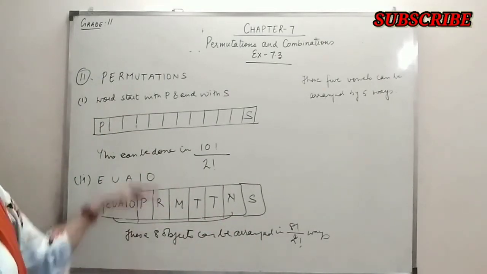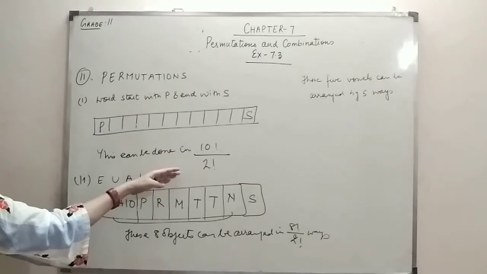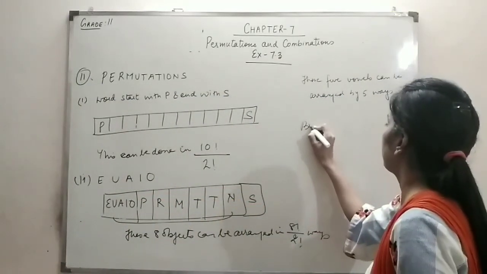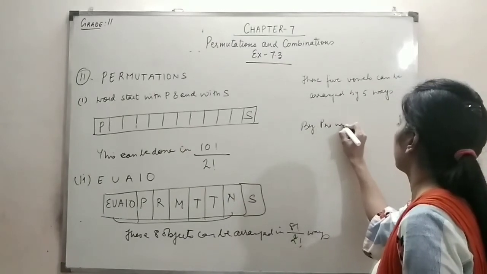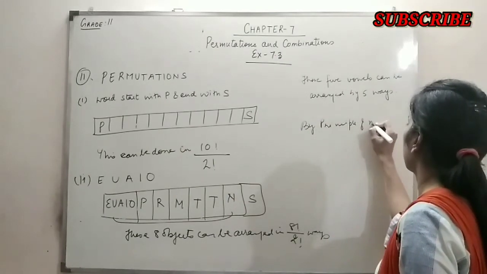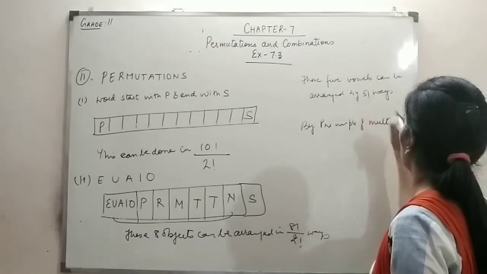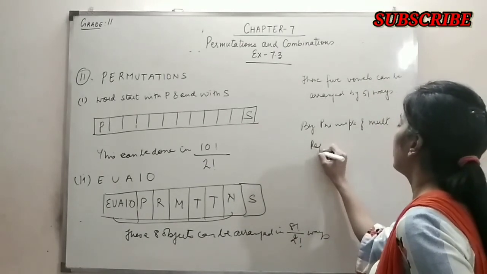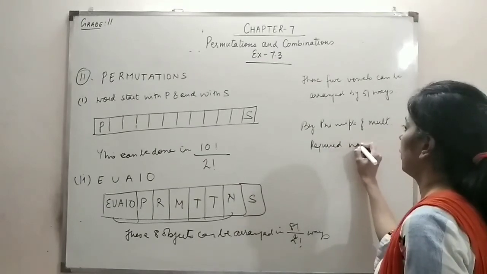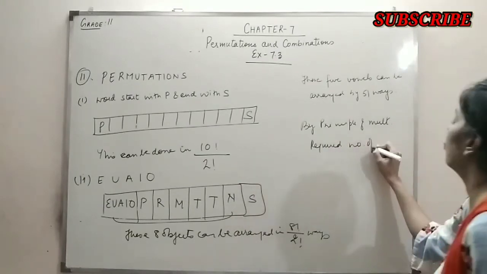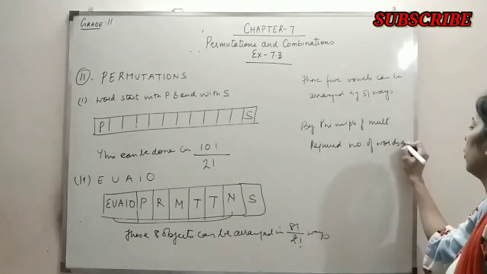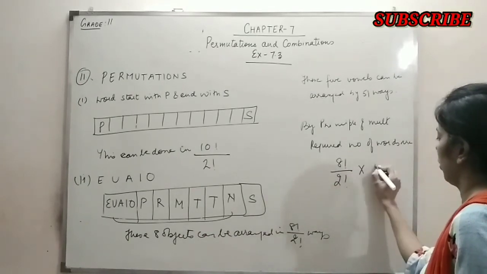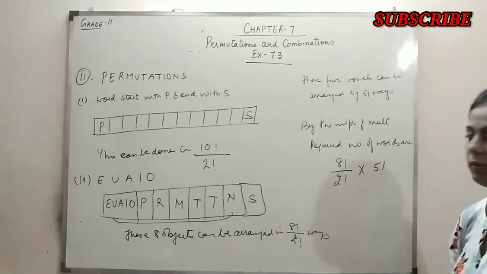It means, by the principle of multiplication, the required number of words are 8 factorial upon 2 factorial into 5 factorial.